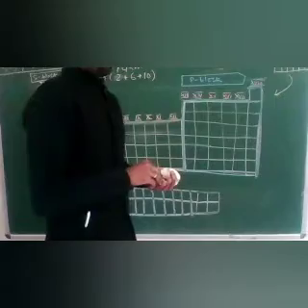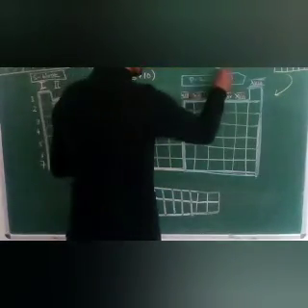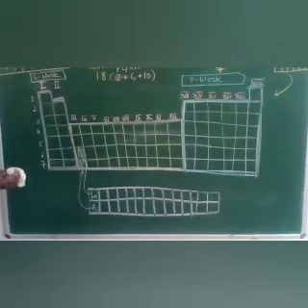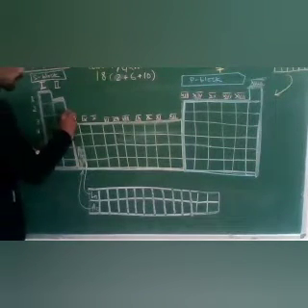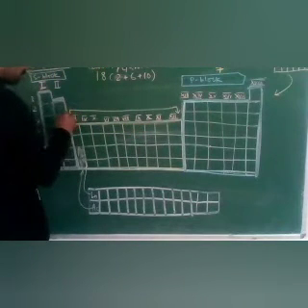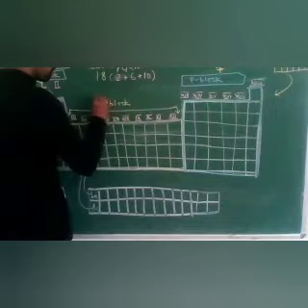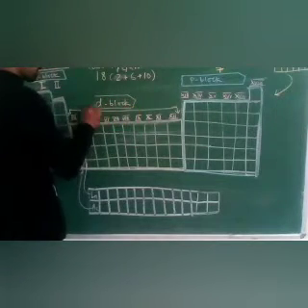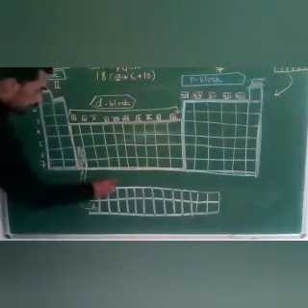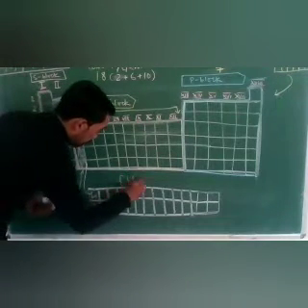In English, P block. In English word you have heard P block. Okay. This, from here to here, 3 to 12, is D block. And this separate block is F block.